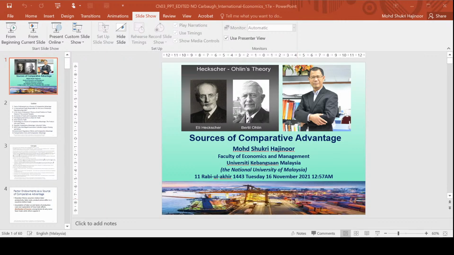So the shape of the production possibilities frontier will go longer toward X. It means that this country has low opportunity cost for production of X. So this country will specialize in X. So that's comparative advantage based on technology.